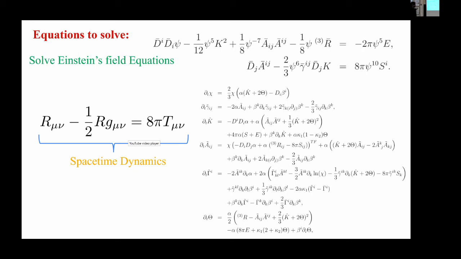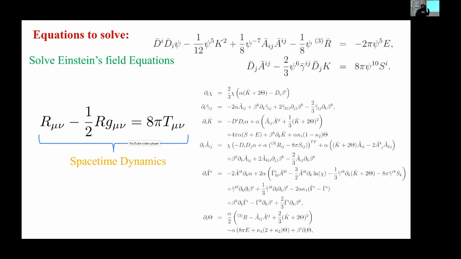However, in the form it is written here, this is in a covariant form. And as such, it looks beautiful, but is not useful in solving it numerically. And so this has to be transformed into the language of partial differential equations, which we understand how to solve. And that is done using the 3+1 decomposition of the 4D spacetime.